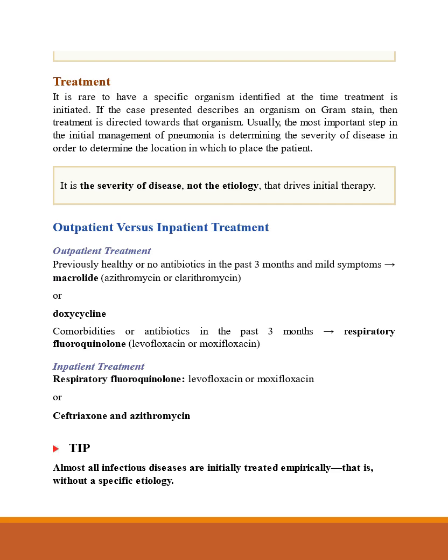So the treatment of this type of pneumonia: it is rare to have a specific organism identified at the time of the treatment. And if the case presents a described organism on gram stain, then the treatment needs to be directed towards the organism.